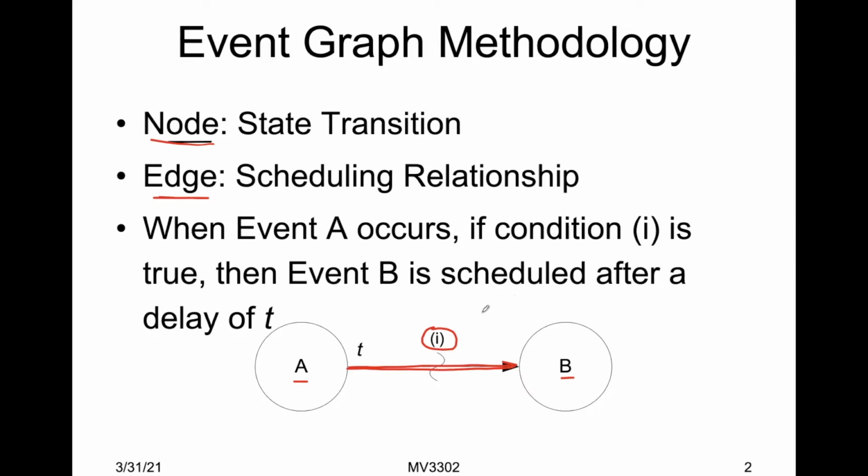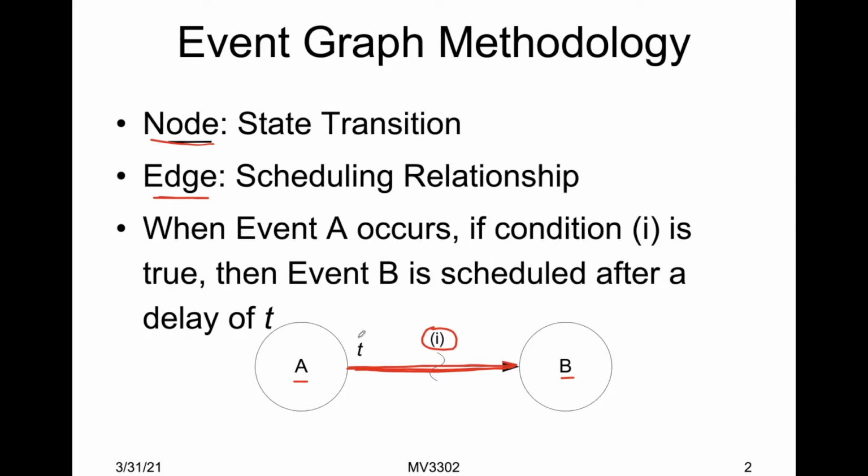And that's either true or false. That's what Booleans are. They're either true or they're false. And the idea is that if the condition is true, then the scheduling edge takes place. That is, if condition I is true when A occurs, then event B will be scheduled. That is, it'll simply be put on the event list.